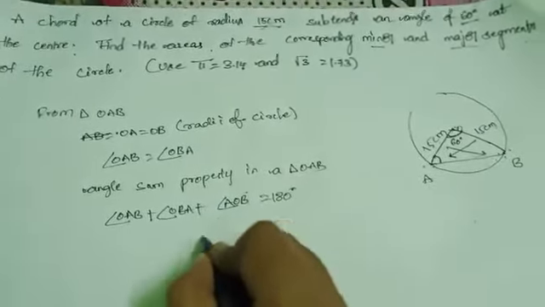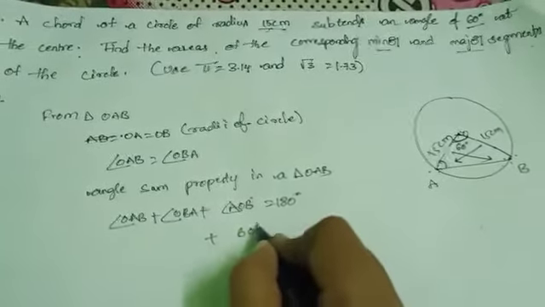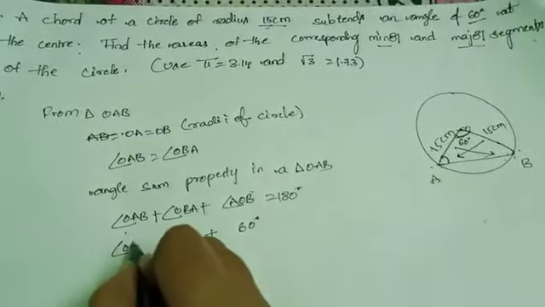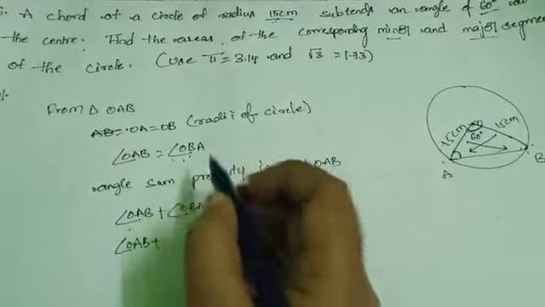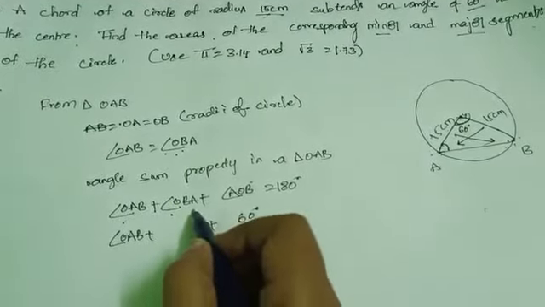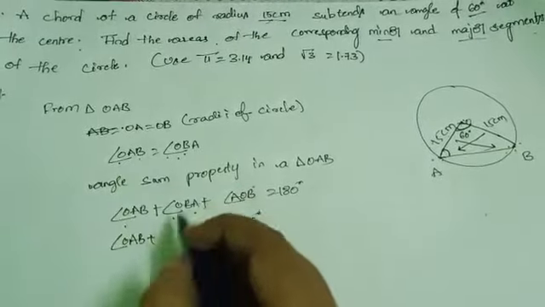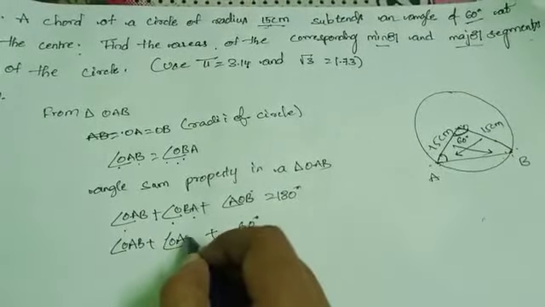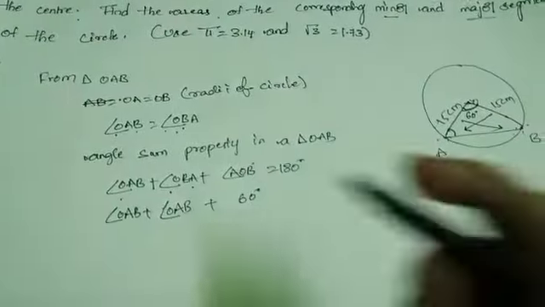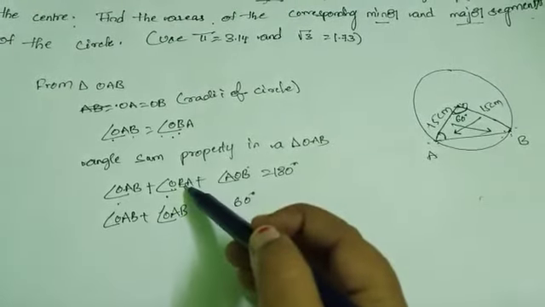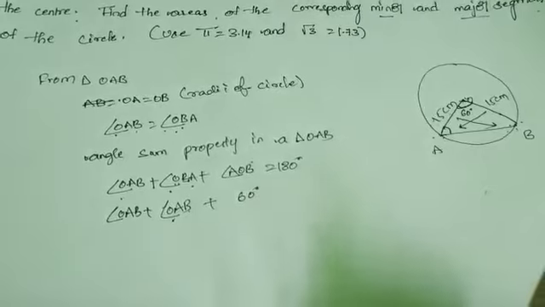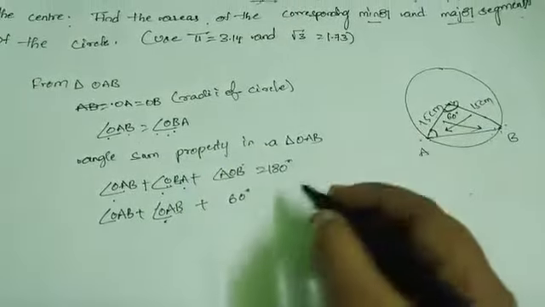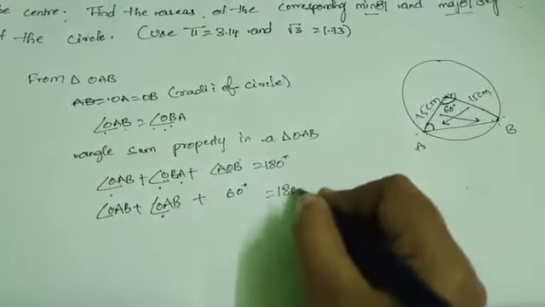We know angle AOB is 60 degrees. Angle OAB equals angle OBA, so in place of angle OBA we can write angle OAB. Both angles together equal 180 degrees minus 60 degrees.